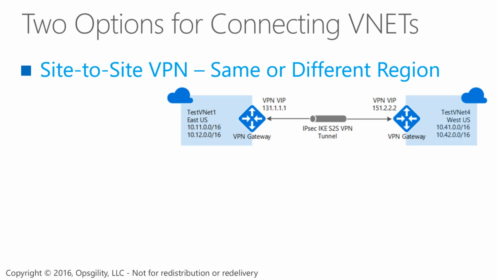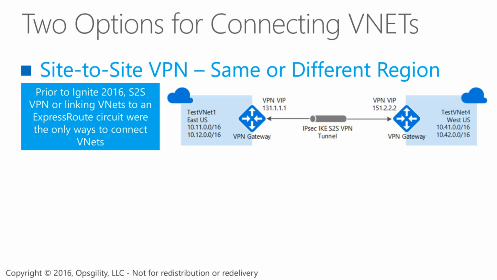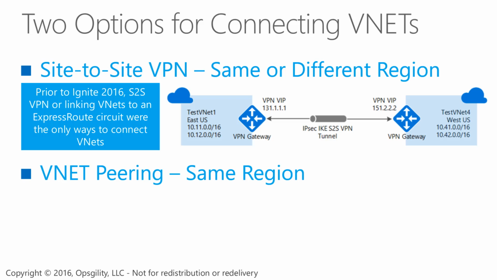This increases the costs and complexity of your deployments. Also, VPN gateways have a maximum bandwidth of 200 megabits per second, which is just not adequate for most organizations' requirements. It's important to understand that prior to Microsoft Ignite last year in 2016, site-to-site VPNs or linking virtual networks to an ExpressRoute circuit were the only ways to connect virtual networks.